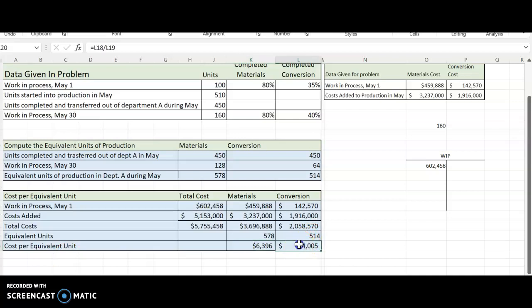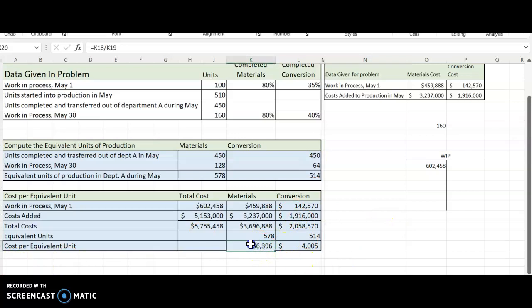In this particular problem, I think these numbers come out perfectly to the nearest dollar, but they're not always going to be like that, so you will have to think about rounding as well.